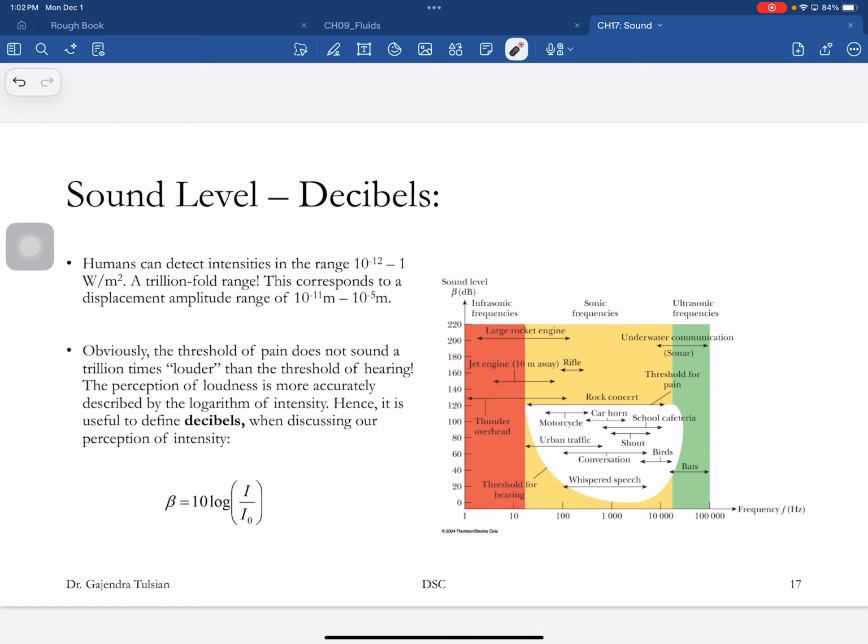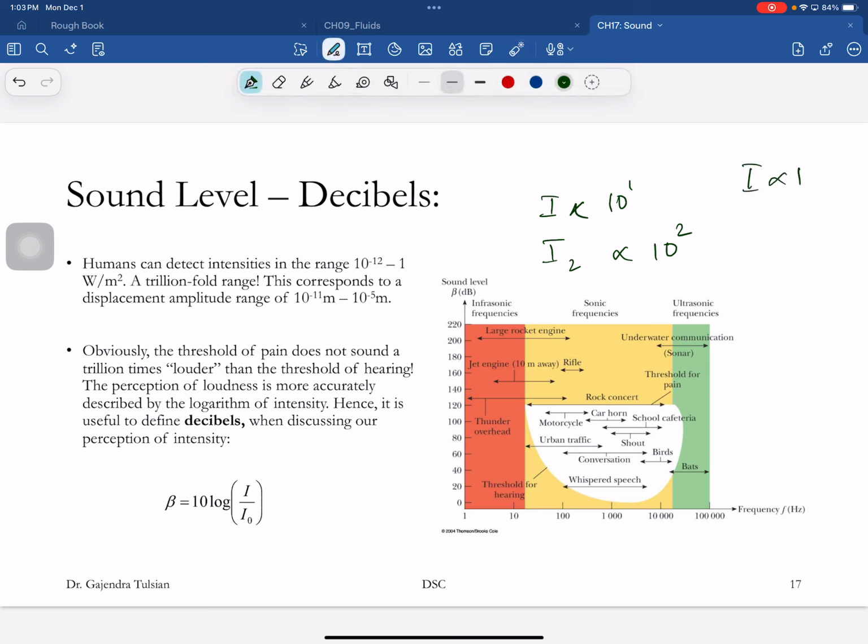So it turns out that you want to hear it twice as loud. Your sense of loudness goes as the power of 10. Your sense of loudness depends on x, which is the power of 10. So that's why we define a decibel scale, to bring this down.